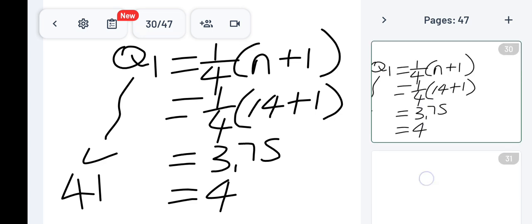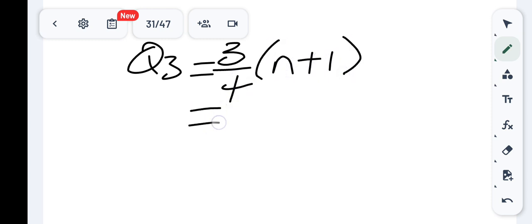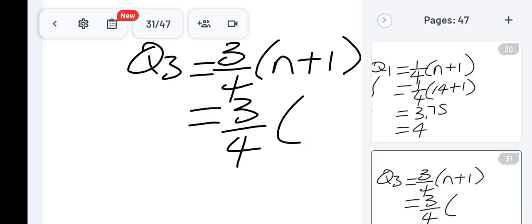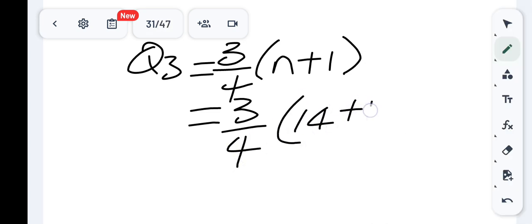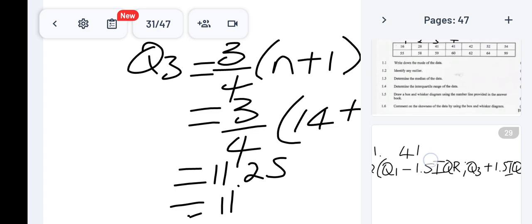And then what is Q3? Q3, 75%, is equivalent to 3 over 4 times n plus 1. This equals 3 over 4 into 14 plus 1, which is 11,25, and that is 11 when you round it off.